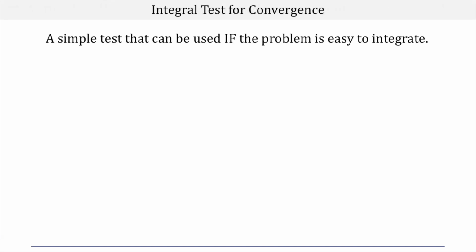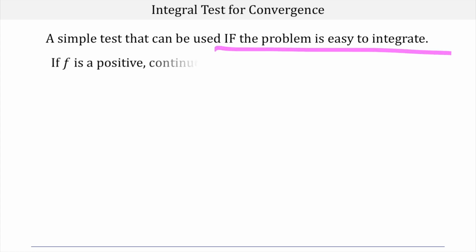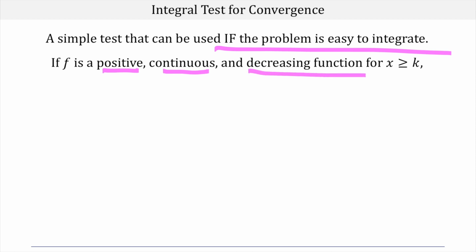The next test we're going to look at is the integral test for convergence. Now, this is a simple test that can be used if the problem is easy to integrate. If f is a positive, continuous, and decreasing function for all x greater than or equal to some k, and a sub n equals f of x, then, okay, so this a sub n here is actually a function.